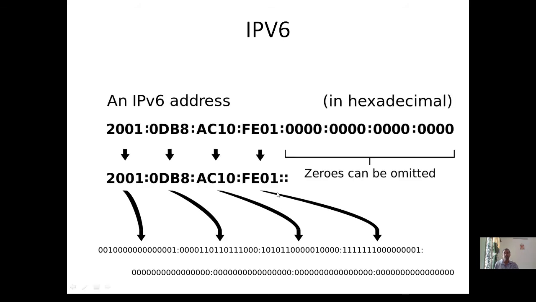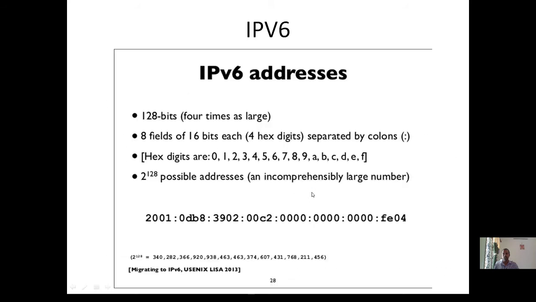Here is an example: 2001:0DB8: and so on. This is an IPv6 address. This 2001 is represented in binary format here. Then here is another example. You get the idea.